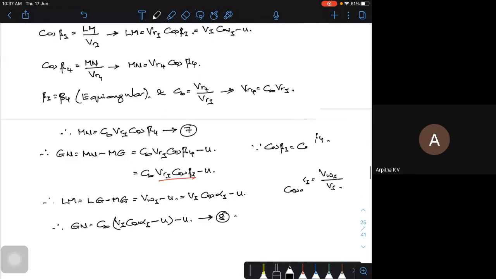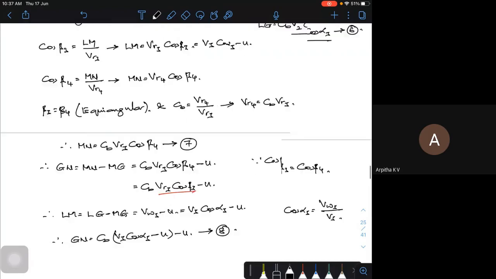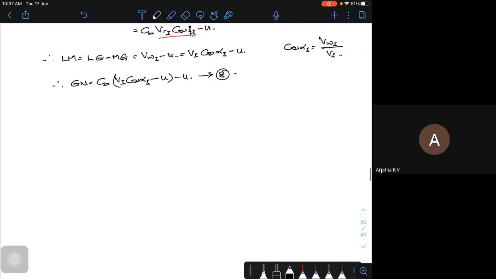Similarly, whatever I did for the first stage, I will try to do for delta VW2 also. Therefore, delta VW2 is equal to VW3, that is V3 cos alpha 3, plus your GN.